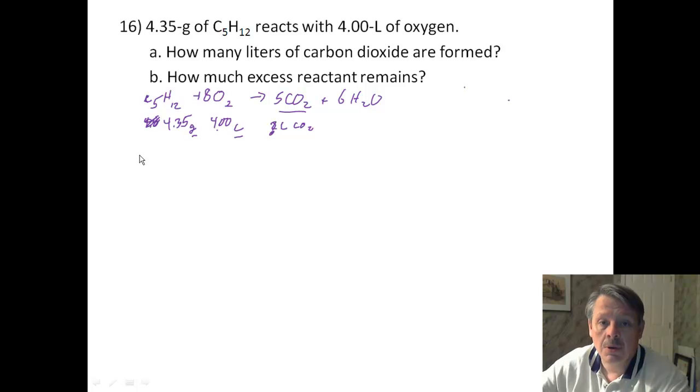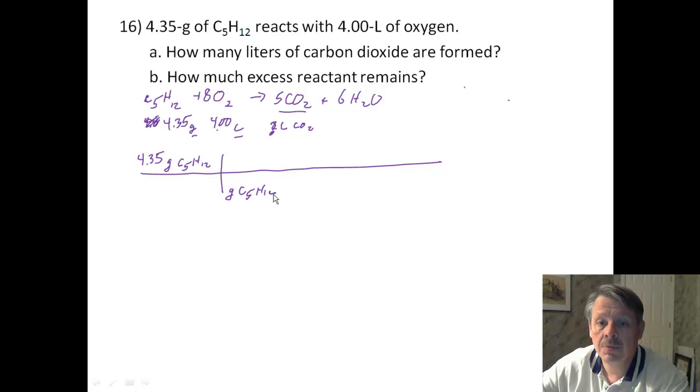Okay, so I'm just going to start with my pentane and say I have 4.35 grams of C5H12, and I'm going to go from grams of C5H12 to moles of C5H12, and from moles of C5H12 I have to go to moles of my target, which in my case is going to be carbon dioxide.